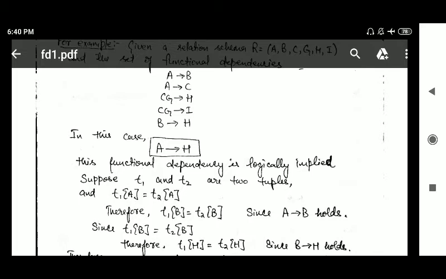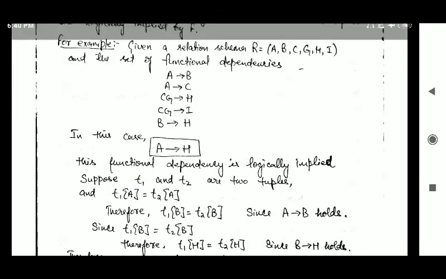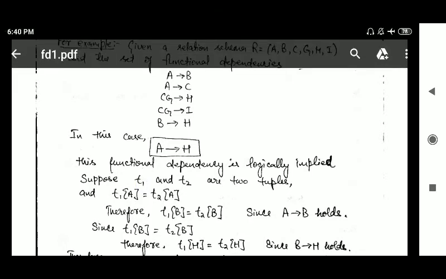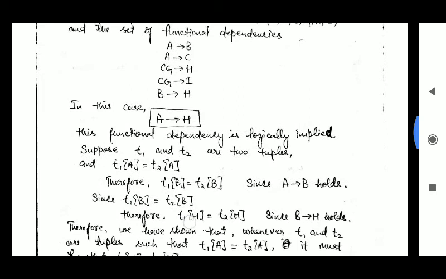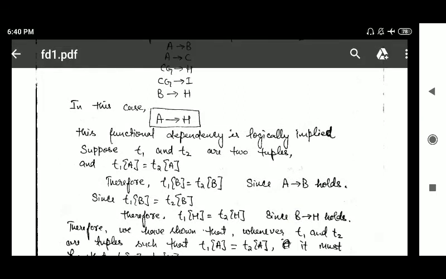Now suppose there are two tuples T1 and T2 and these two tuples have the same values of A. Since they have the same values of A, they will also have the same values of B because the functional dependency A implies B holds. Now, since these two tuples have the same values of B, they will also have the same values of H because the functional dependency B implies H holds.